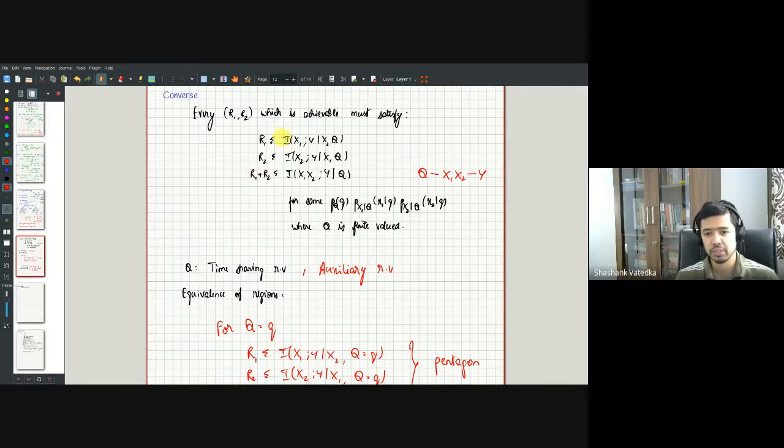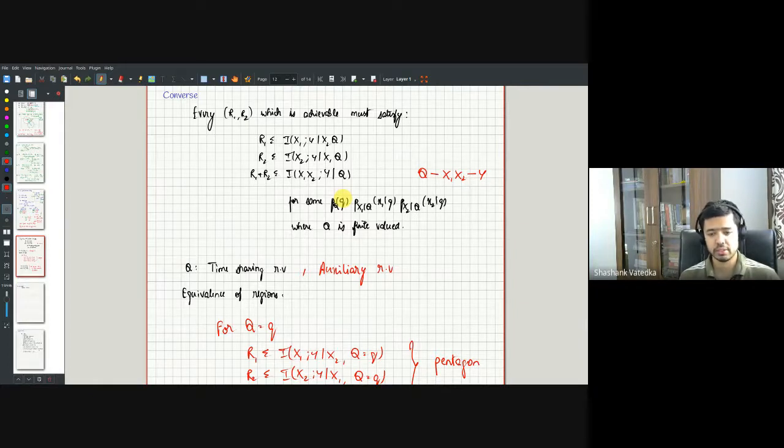So every rate pair must satisfy this for some joint distribution PQ, Px1 given Q, Px2 given Q. And at the same time, for any rate pair satisfying these three conditions for some such joint distribution, we can construct encoders and decoders with vanishingly small probability of error. Okay, so as I mentioned, by introducing this auxiliary random variable, you get a more convenient description of the set of all achievable rate pairs.